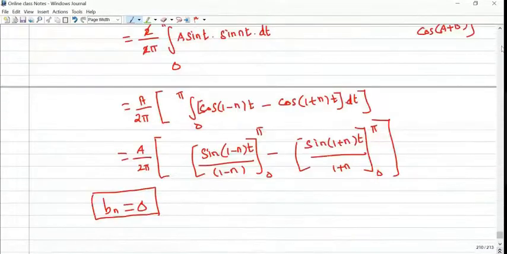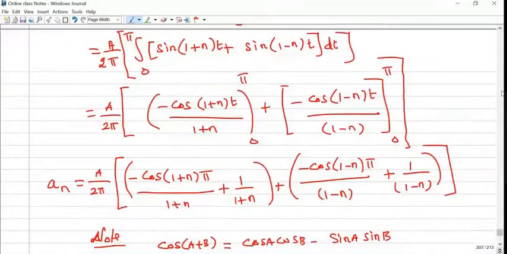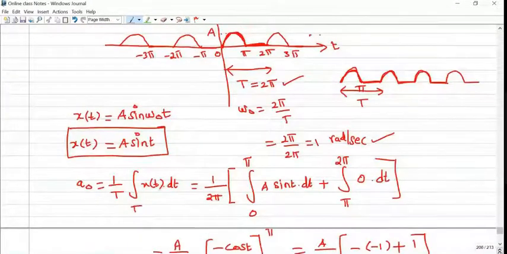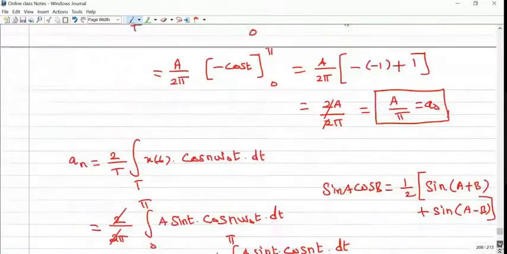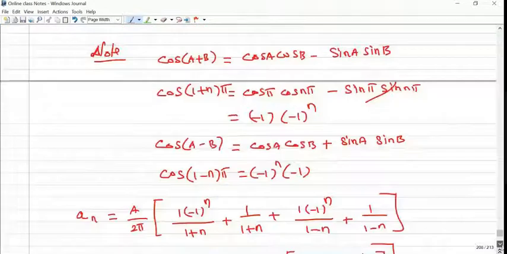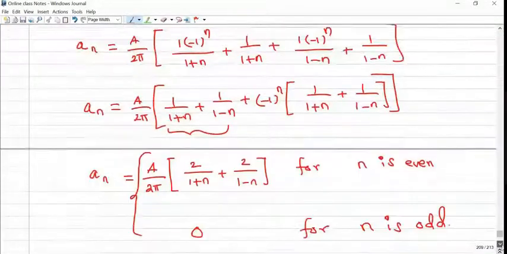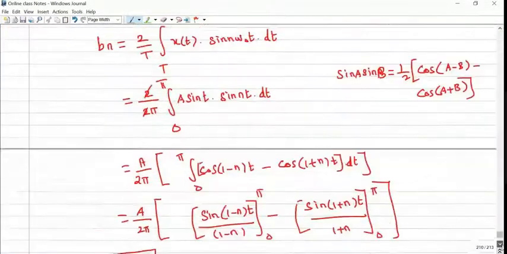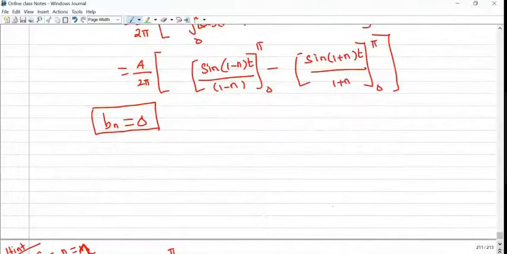So once you find A naught, An and Bn values, write down your trigonometric Fourier series expression. What is the trigonometric Fourier series expression? Any continuous time periodic signal can be represented by its harmonics of sinusoidal component and harmonics of its cosine component.